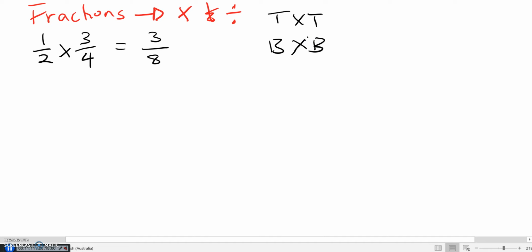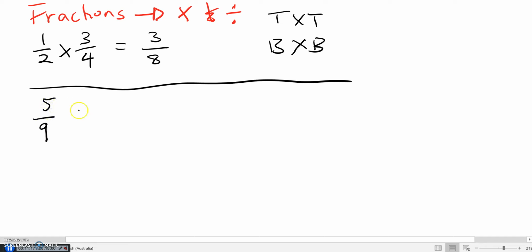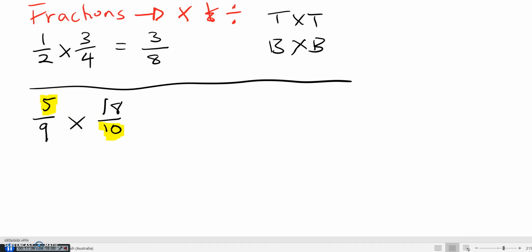Okay. When you do have a more complex question, say something like this: 5/9 multiplying by 18/10. By all means, we can still multiply the top with the top and the bottom with the bottom, but it can get a little bit harder when you need to simplify later on. So let's simplify now. We need to look at common factors of 5 and 10 and common factors of 18 and 9.